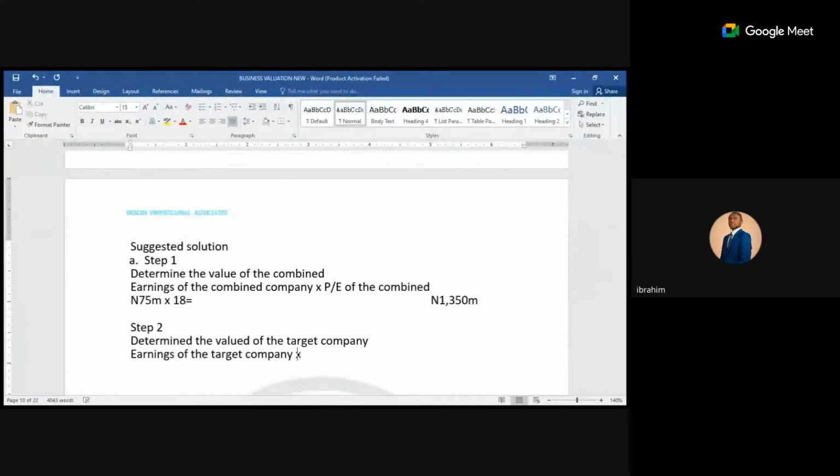You multiply it by the PE ratio of the target company. Right? PE ratio of the target company.